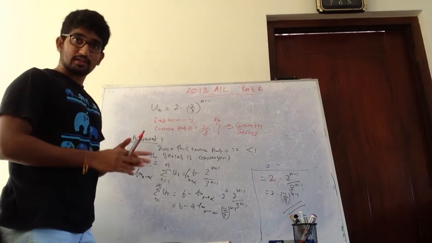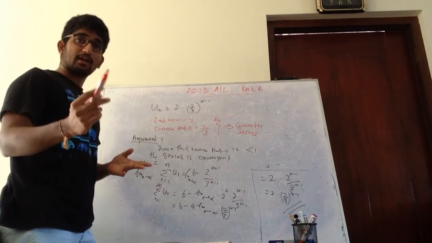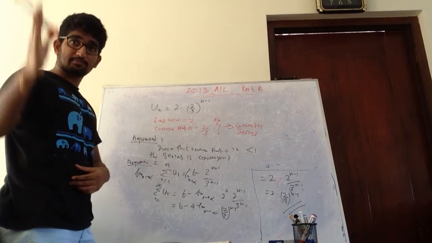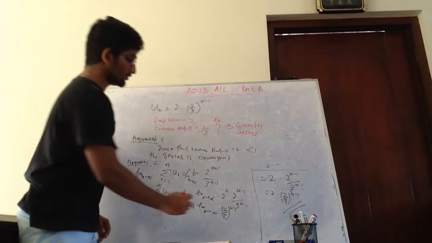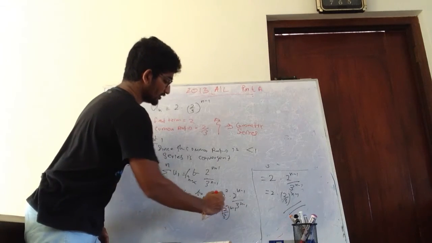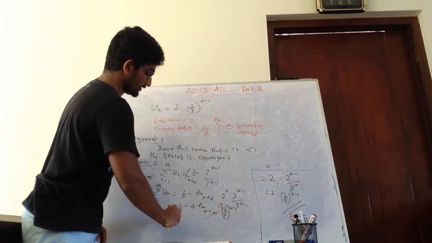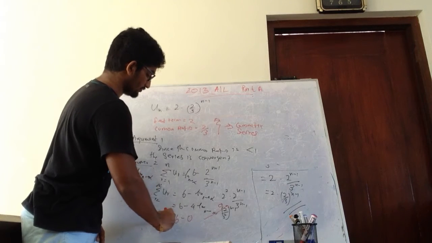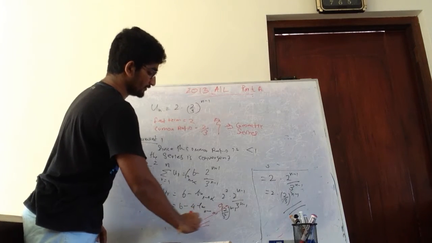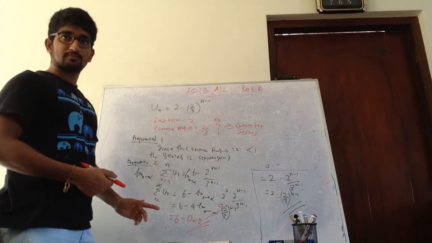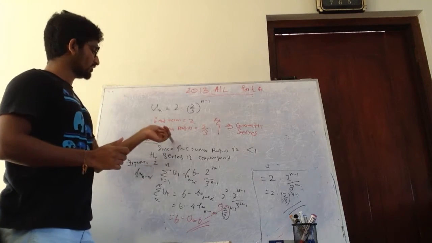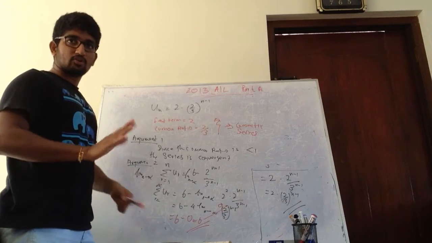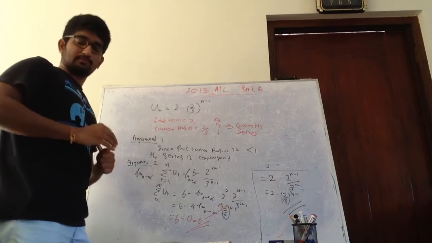Just check: if you take 0.1 and take like the 100th power of it, it will become very small, so it will basically go to 0. Because of that, this becomes 6 minus 0, so that is 6. So it's convergent. This is much easier, but this is the normal way that we do it.